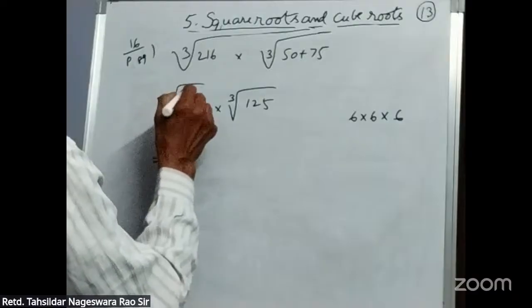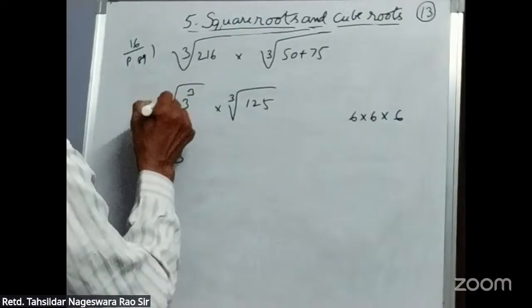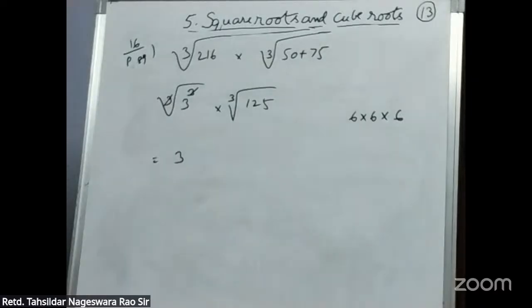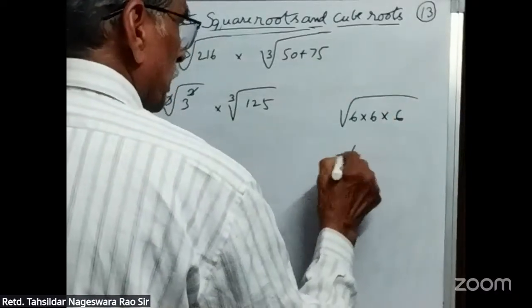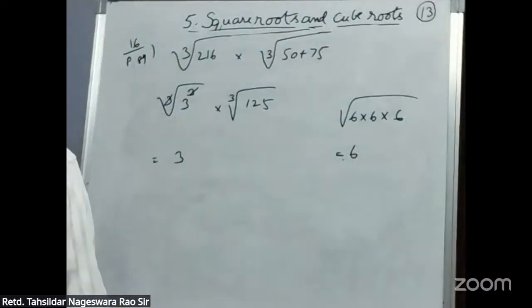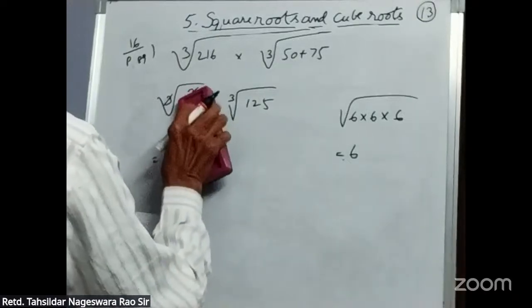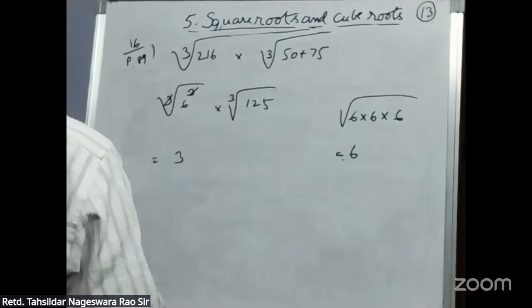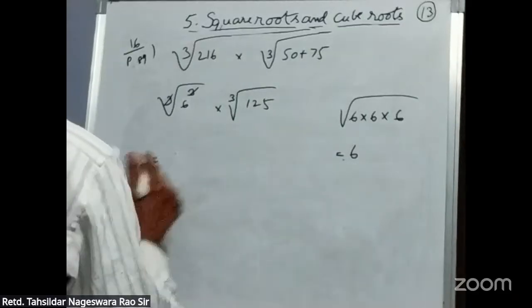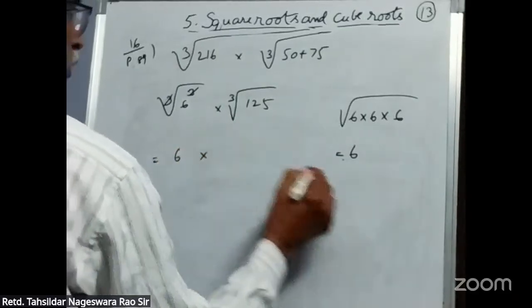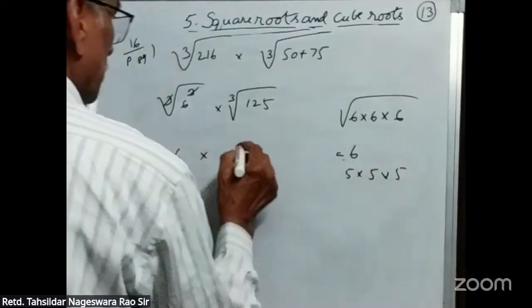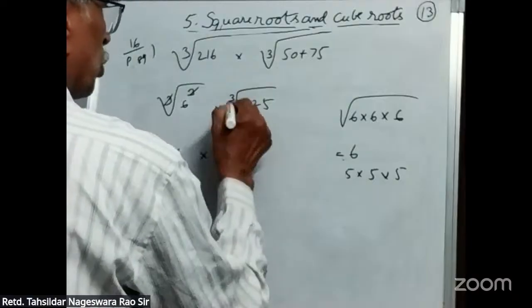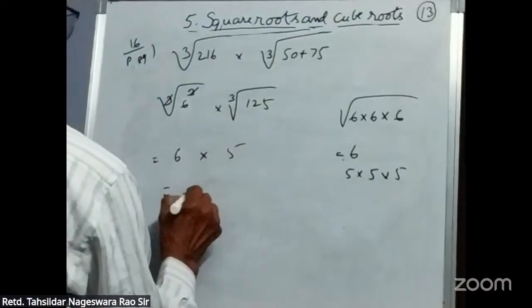Cube root of 3 cube is 3 only, so 3 cancels. Cube root of 6 cube will be 6 only. Answer will be 6, not 3. Sorry, 6. This one, 125 will be 5 into 5 into 5, so cube root of 125 will be 5 only. That's your answer.